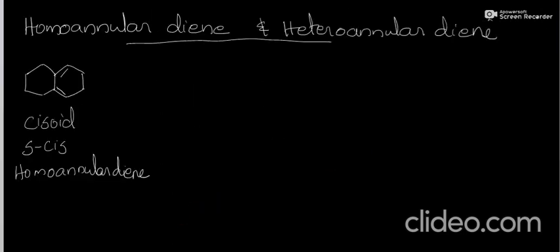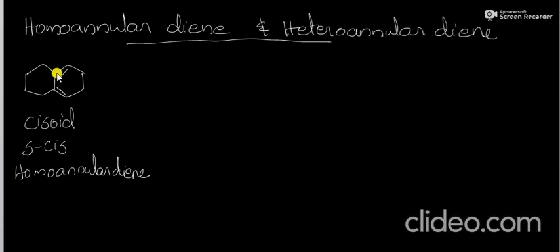Next is the case of conjugated cyclic dienes. In conjugated cyclic dienes, the diene chromophore is usually held rigidly in either the cisoid or the transoid orientation. What do you mean by cisoid orientation?